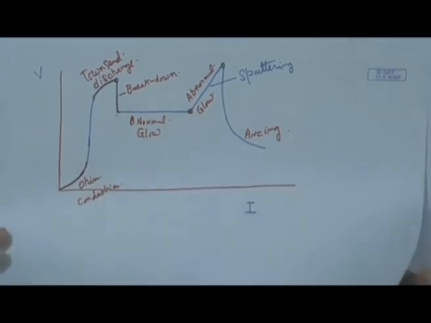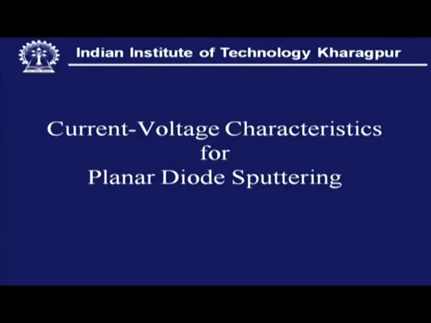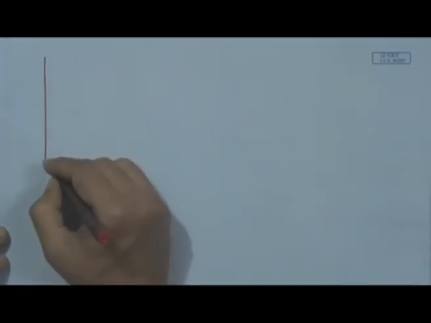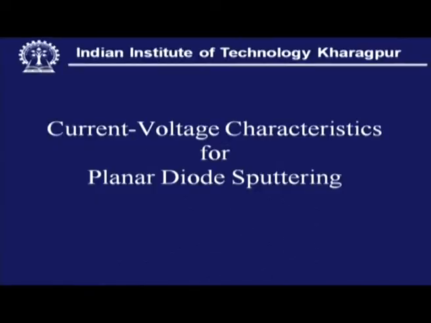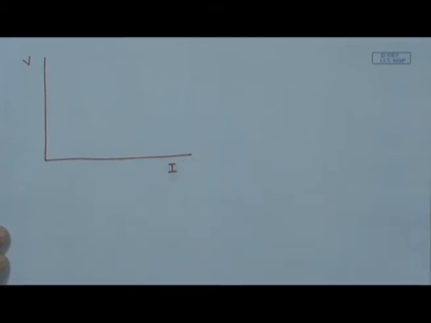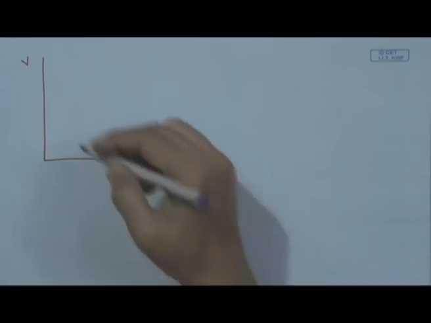This is the zone where sputtering takes place, and now comes in the sputtering VI characteristics. Here, particularly the designer of the sputtering device and the operator, for them this VI characteristics is so important.